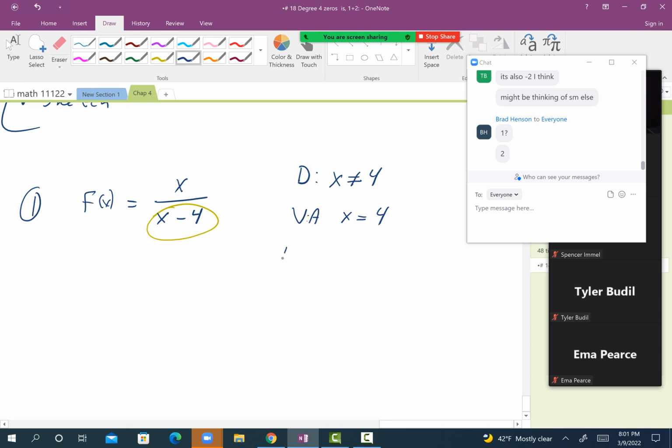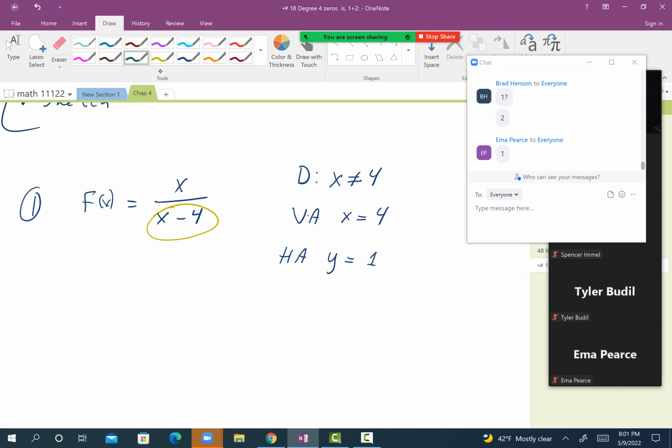Okay, all right. Horizontal. Any ideas on that? Look at the degrees. Think of the big numbers. Yeah, there you go. It's going to be 1. The degree of this is 1. The degree of this is 1. They're equal. We're going to get 1.